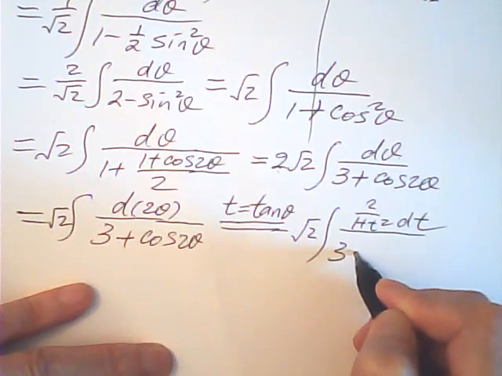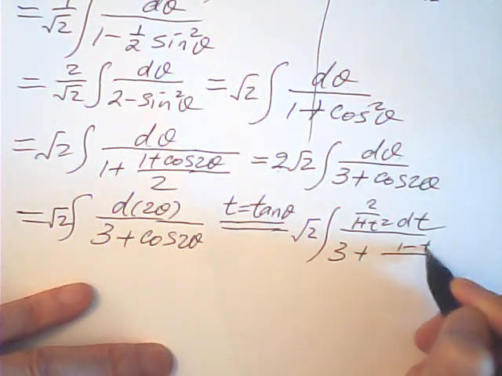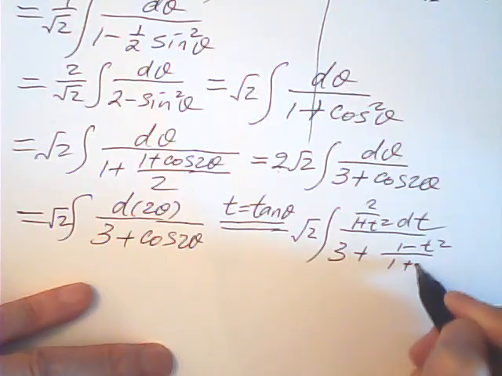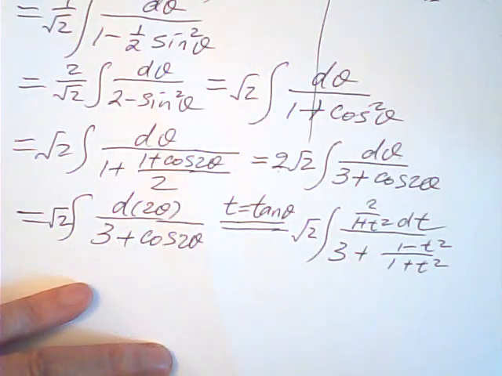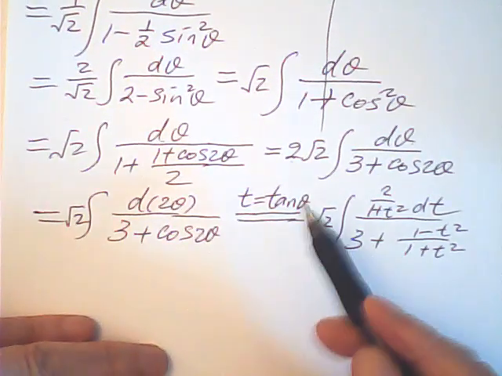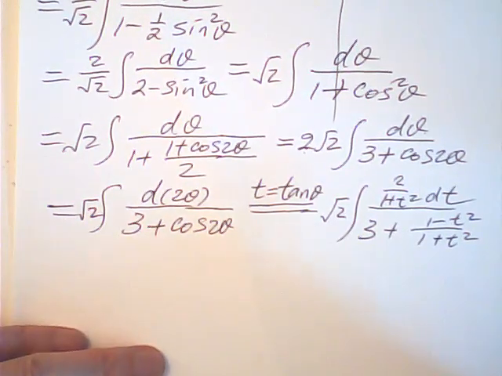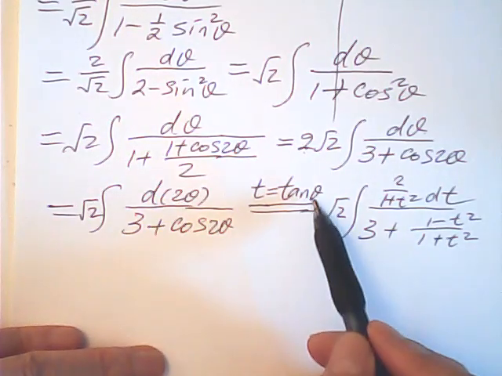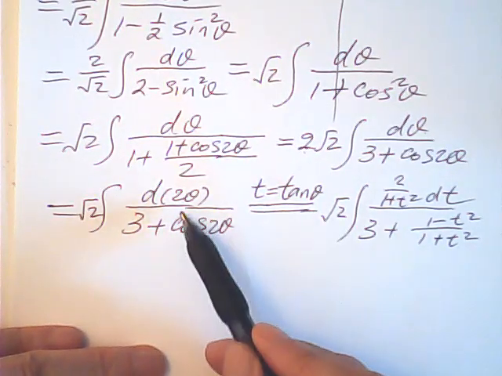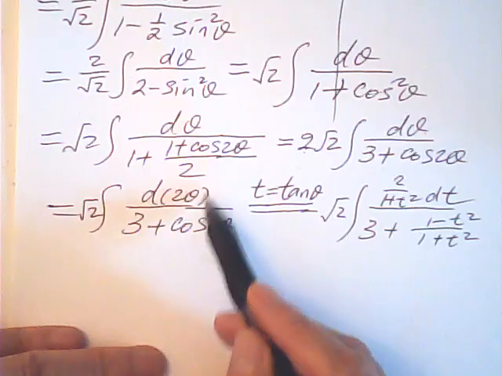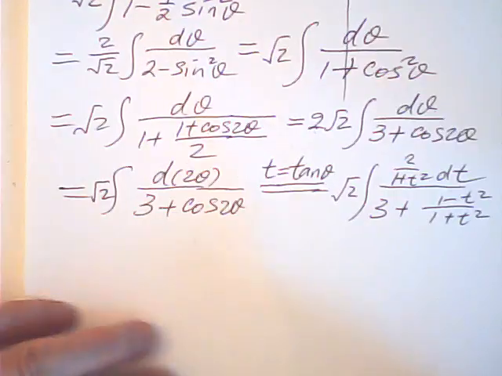This is 3 plus 1 minus t squared over 1 plus t squared. That is a famous substitution method. Instead of a half theta, because 2 theta, therefore it's tangent theta.